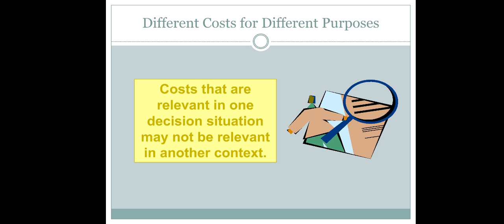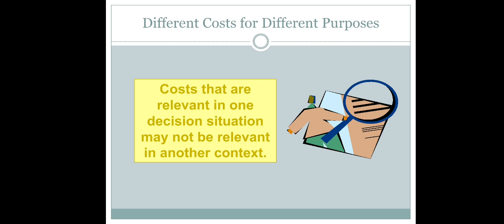You have to be aware that this situation can happen. Let's say at one time you want to do a decision making analysis, and this cost, let's say cost A, is relevant for that analysis, and in another situation you want to do another decision making analysis.